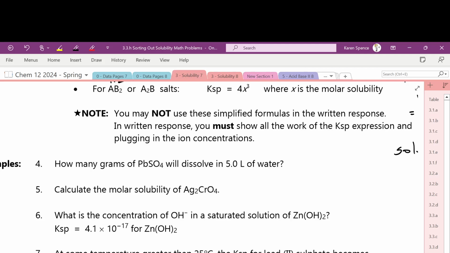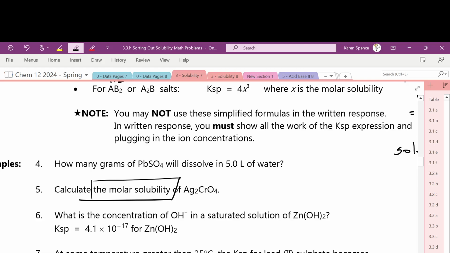So I want you to read these questions and see, can you figure out that this is a find the solubility problem? Do they sound like a find the solubility problem to you? It's super easy when it says calculate the molar solubility, right?